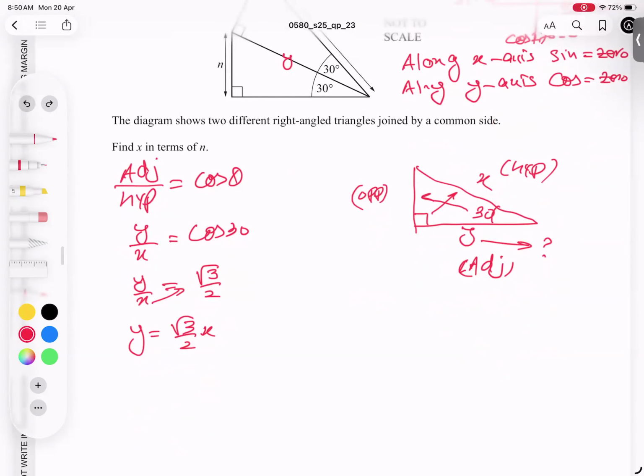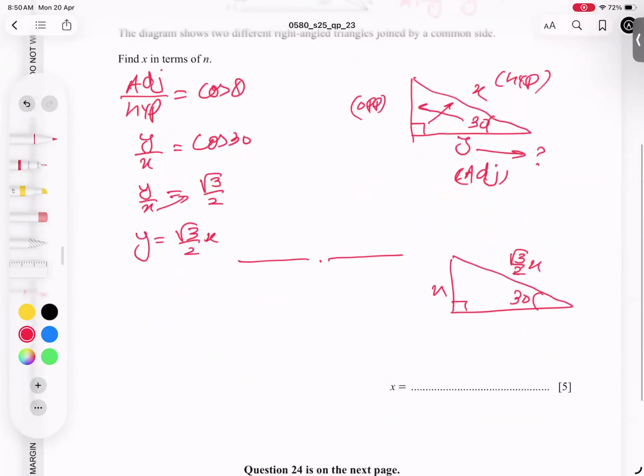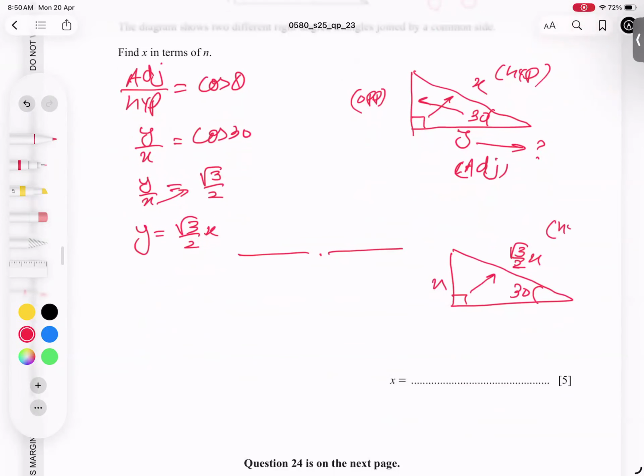Okay, now I'm using the lower triangle. Half question is over, lower triangle. Keep in mind this hypotenuse we have now, and that is root 3 over 2x. And this is n, and this is 30-degree. Again, in front of 90, this is called hypotenuse. In front of angle, this is called opposite.